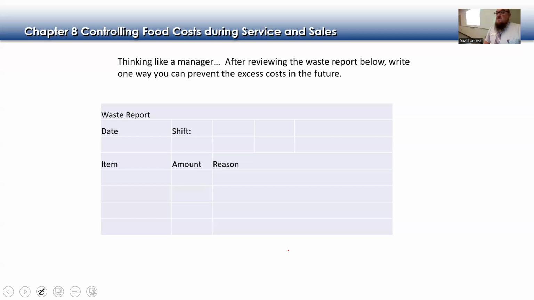So I want you to look at your waste report and rank yours in order from 1 to 4, with 1 being the most serious that you want to address first. What problem do you want to address first? And the number 4, it's still a problem, but maybe we're gonna save it to last to address it.